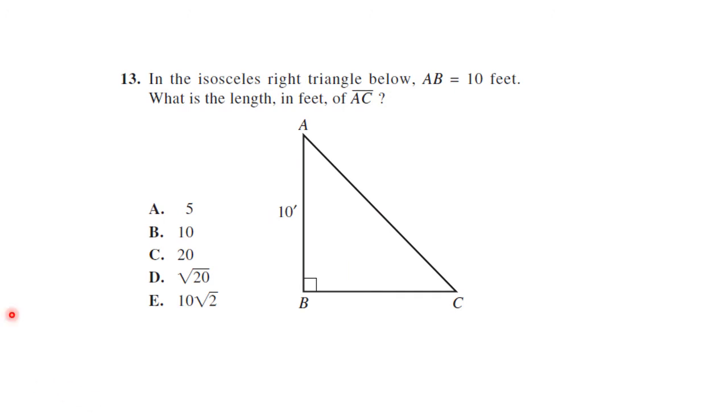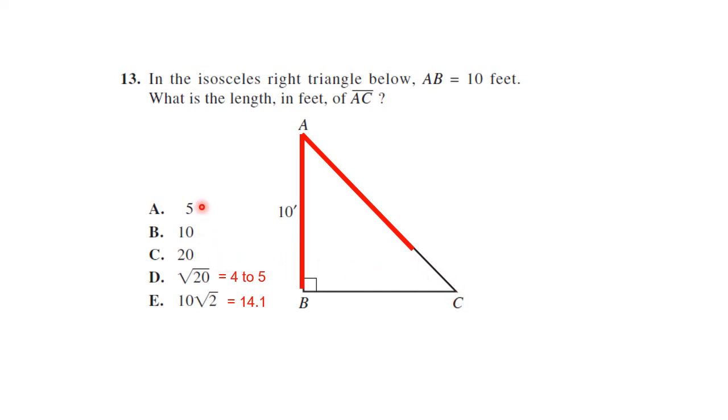Now, another way to solve this is guesstimating. We know that this is 5, 10, 20. We know this is 14.1, and this is between 4 and 5. So now I know this line is 10. Let me either measure with my pencil or piece of paper and draw a similar line along AC. If that's 10 and that's 10, it looks like I've got a little bit more, not even quite half.